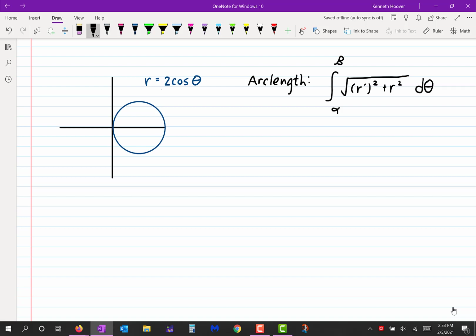This will work as long as r prime is a continuous function. So, on that picture to the left, I have the same circle that we started with at the beginning of the lecture, r equals 2 cosine theta. I just want to point out to you really quickly that the radius of that circle is 1.